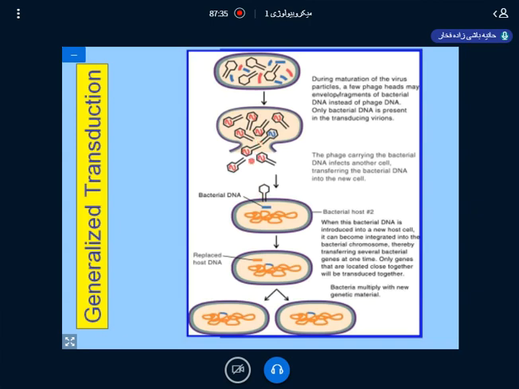A phage with DNA of the old host can come to another cell and infect it, and it can go to the DNA host, replicate, and you have two cells with two new DNA or two new modifications like this.